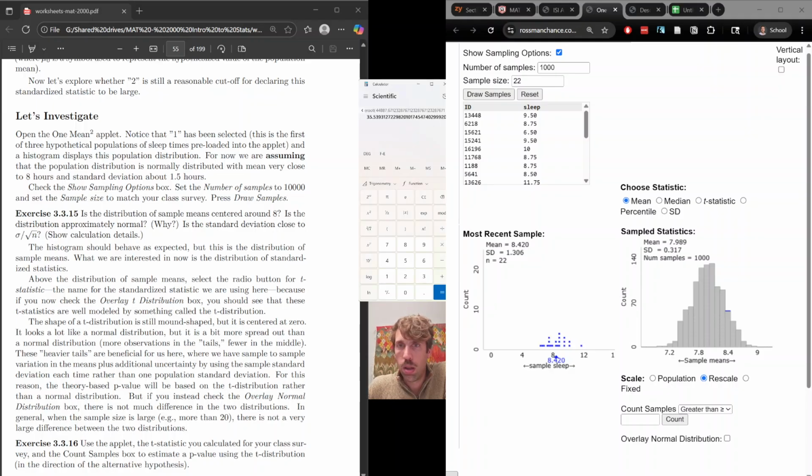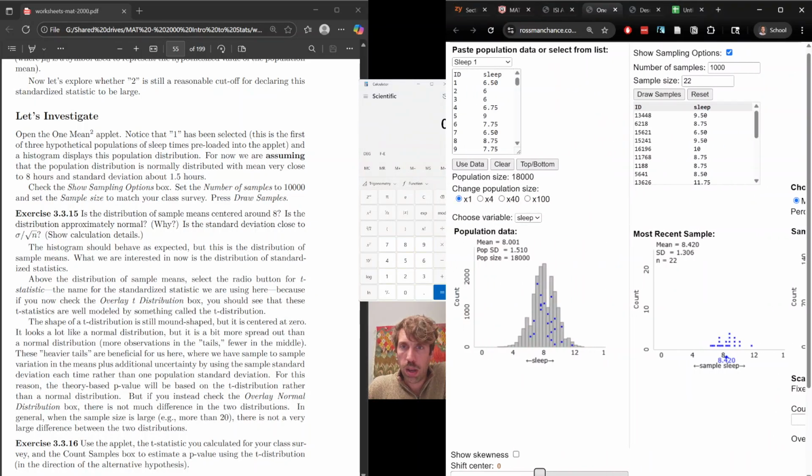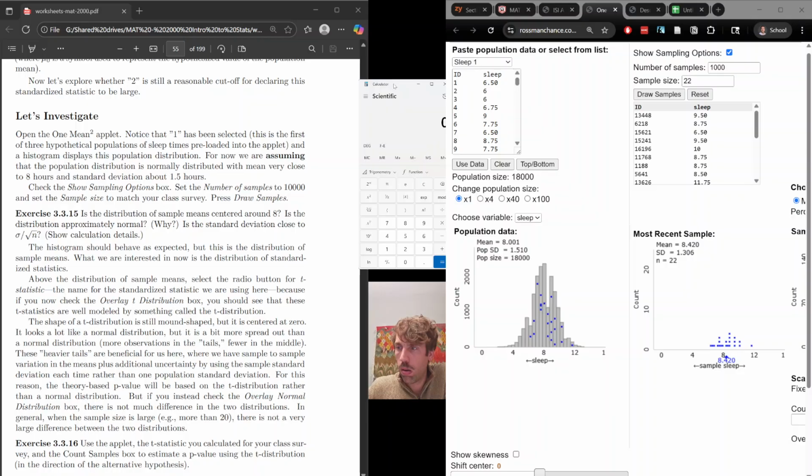If I calculate my standard deviation here, which was 1.5, divided by my sample size of 22, then take the square root of that denominator, I get 0.32 basically.